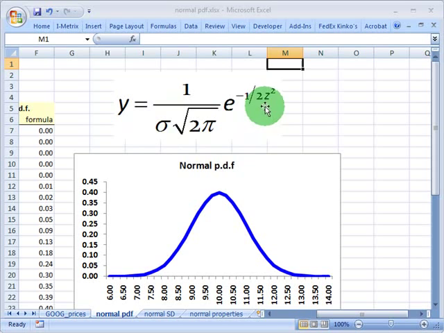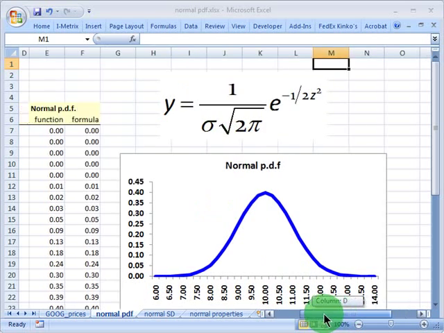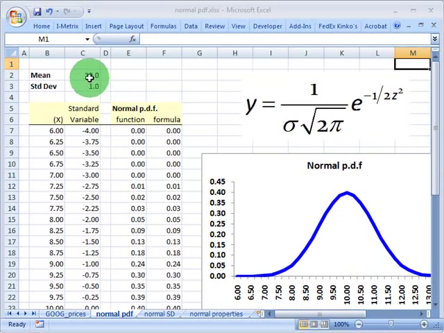We need that. And here's Z, a standardized variable that is a function of the mean and the standard deviation. So embedded in the Z, we've got the mean and the volatility. Those are the two parameters we need.